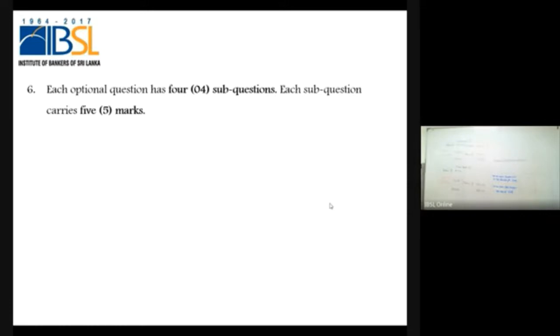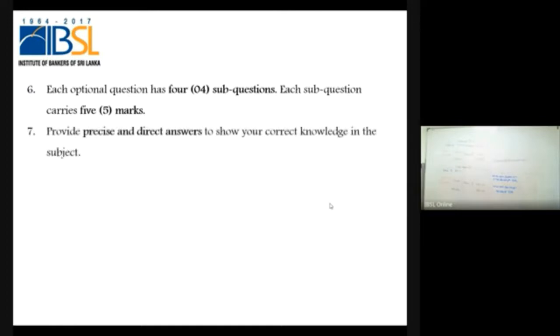So that is where your choice becomes very important. Which 4 questions do I do? And you need to be mindful that each of these 4 questions that you select will have 4 subsections, each carrying 5 marks. That is how the entire 100 marks is made up, right?